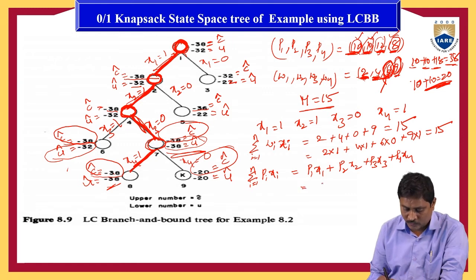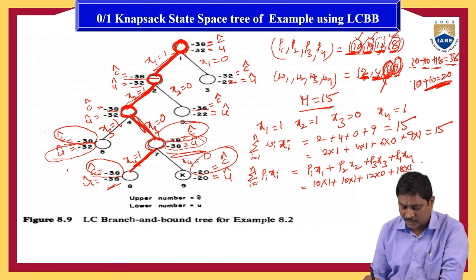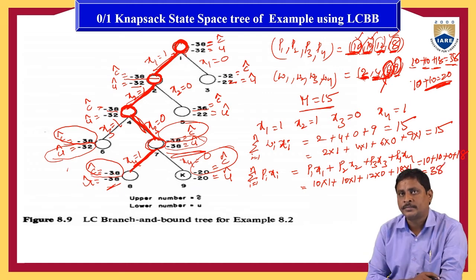So p1 value is 10 into x1 value 1, p2 value is 10 into x2 value 1, p3 value is 12 into x3 value 0, p4 value is 18 into x4 value 1. 10 into 1 is 10, plus 10 into 1 is 10, plus 12 into 0 is 0, plus 1 into 18 is 18, which is equal to 38.